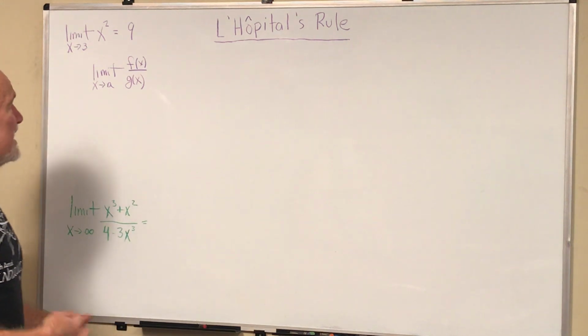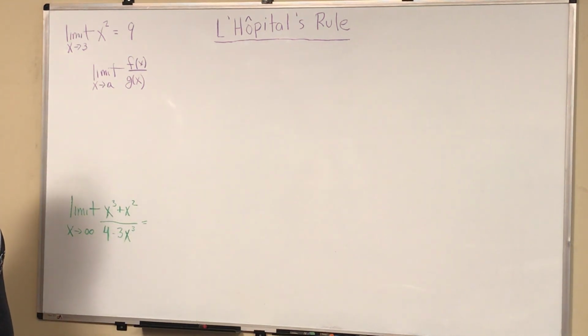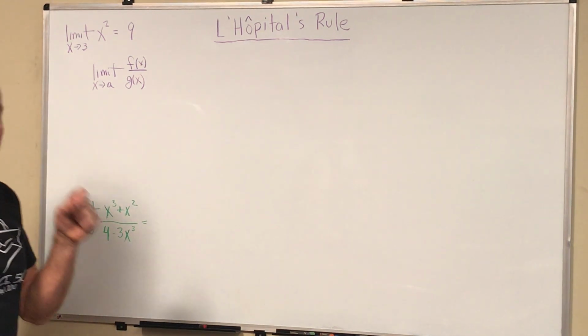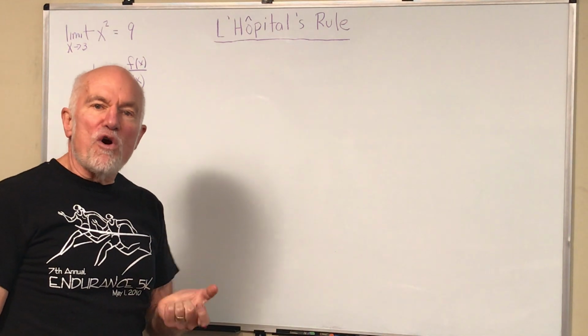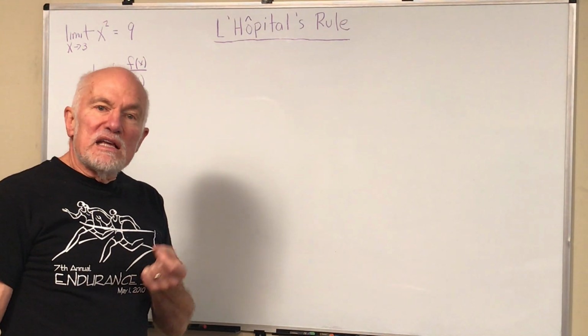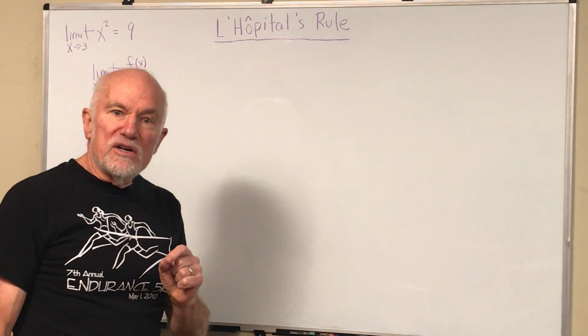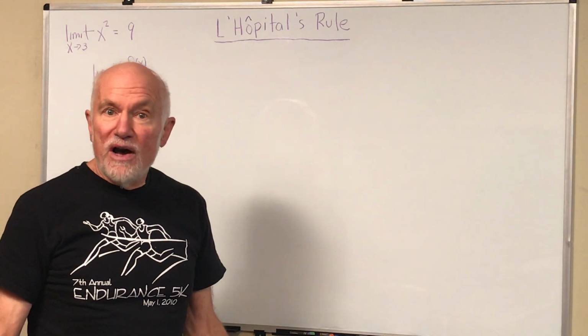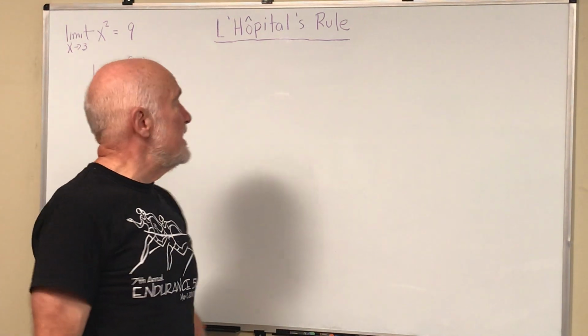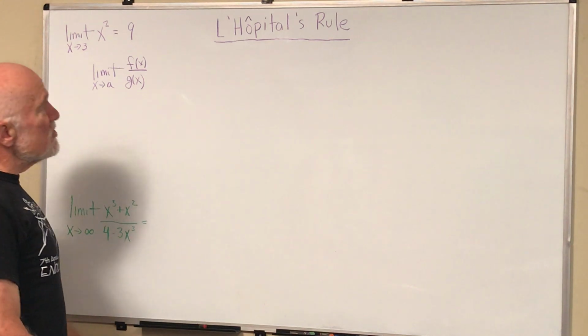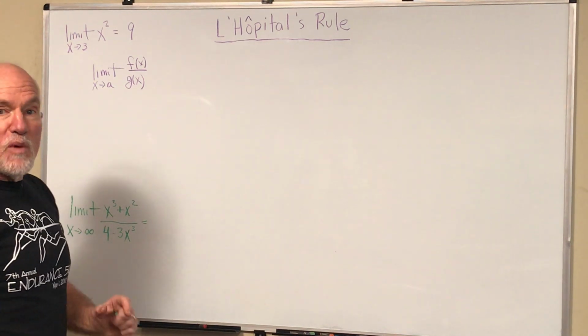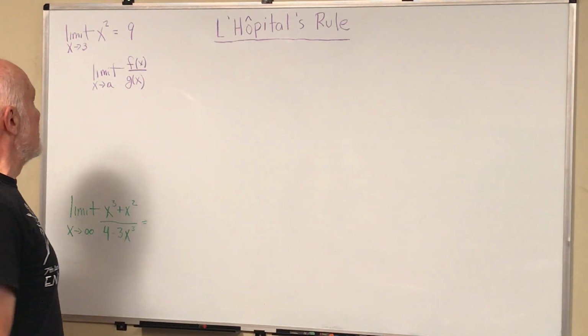That's why we call them indeterminate. So we're going to try to come up with another way of doing that. Before we had to do some fancy algebra, or sometimes we even had to give up because we couldn't figure out a way of doing it. So we've learned some things since then, and that's why we wait till now to explain this.